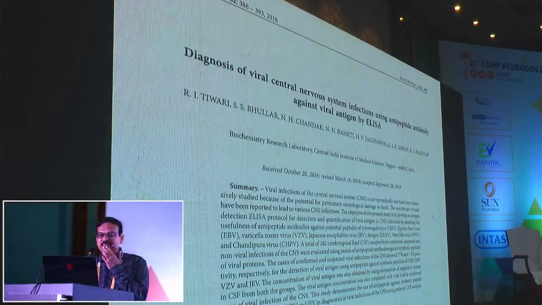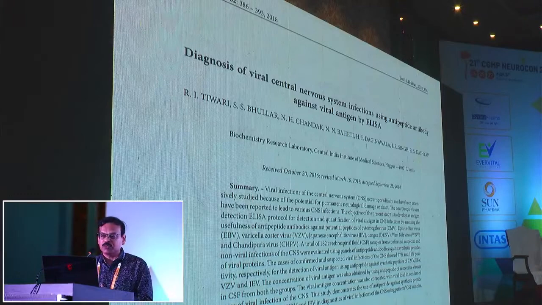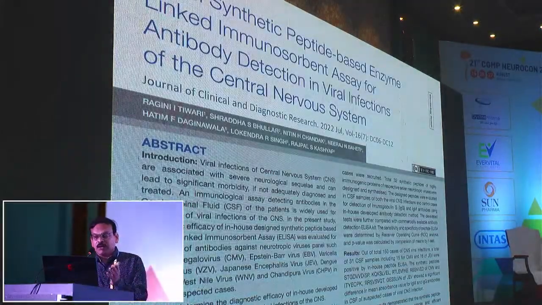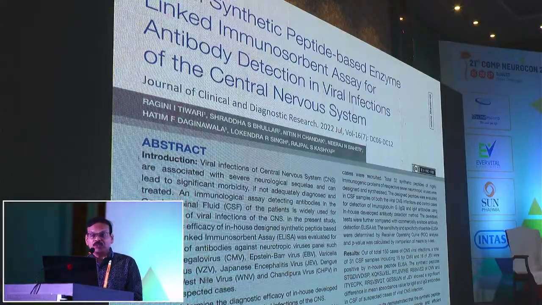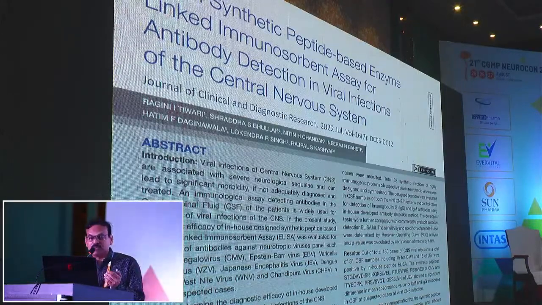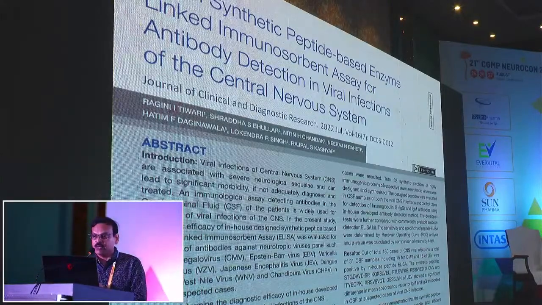However, the sensitivity and specificity in this was low, which may suggest that viral antigen detection may not be the right approach to diagnose viral meningitis. Our lab also developed a novel synthetic peptide assay which looked for viral antigen, and now we have been applying this technique regularly.